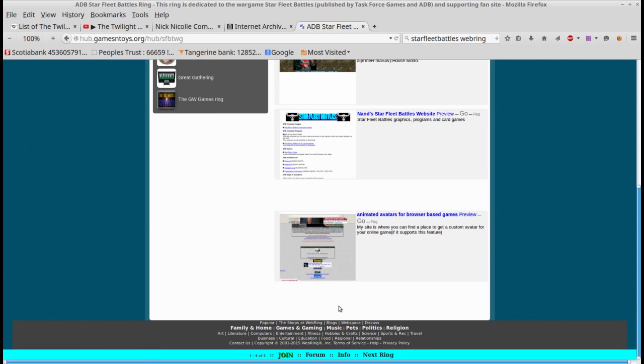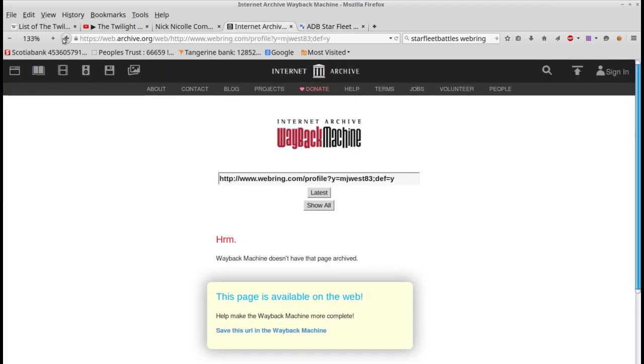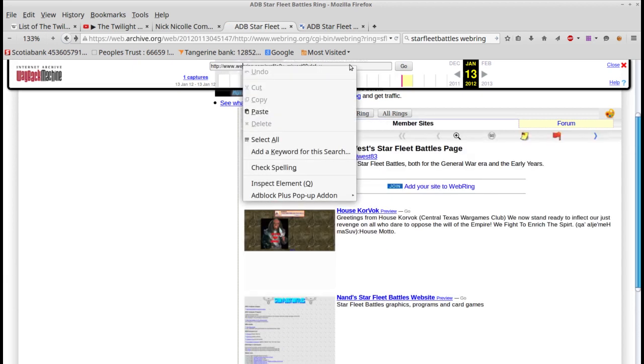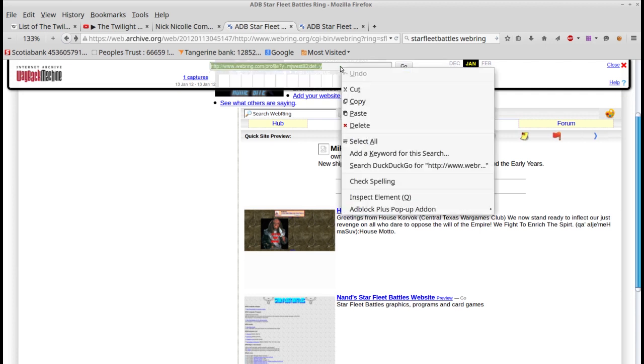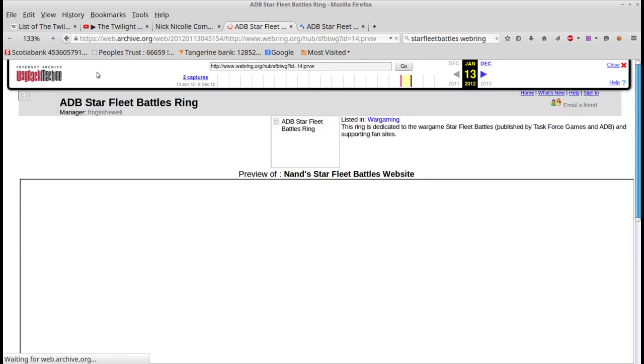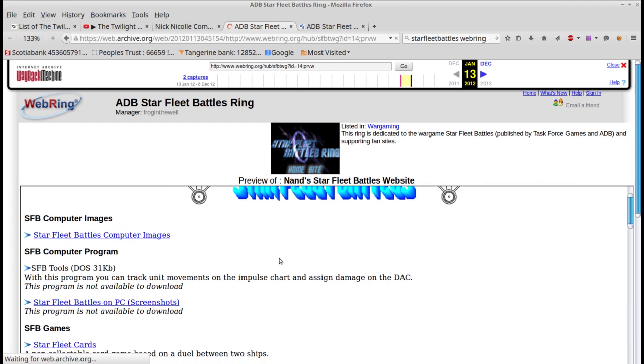But as you notice on the current one, you didn't have that additional listing down here. So let's try the NANS page. And this time we found a page in the archive.